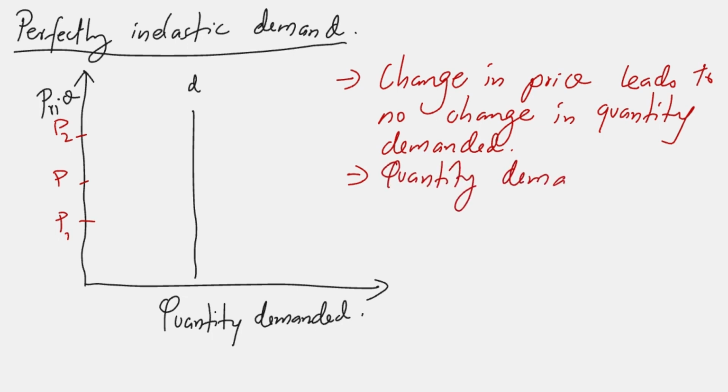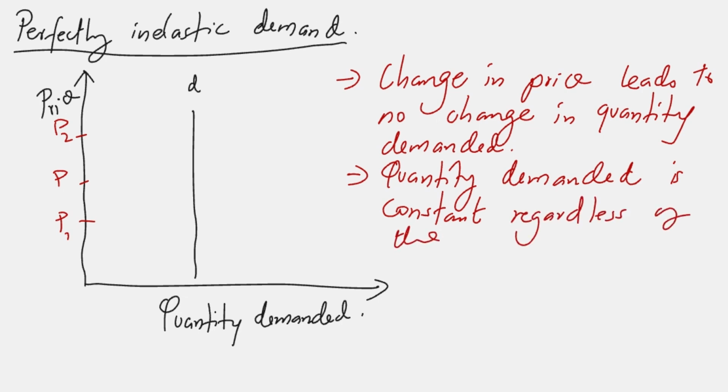So quantity demanded remains the same or is constant even at different prices. This one can be possible for very rare cases. For example, is when we have prescription drugs. You don't change the prescription just because there's change in price. That is a case which can happen.